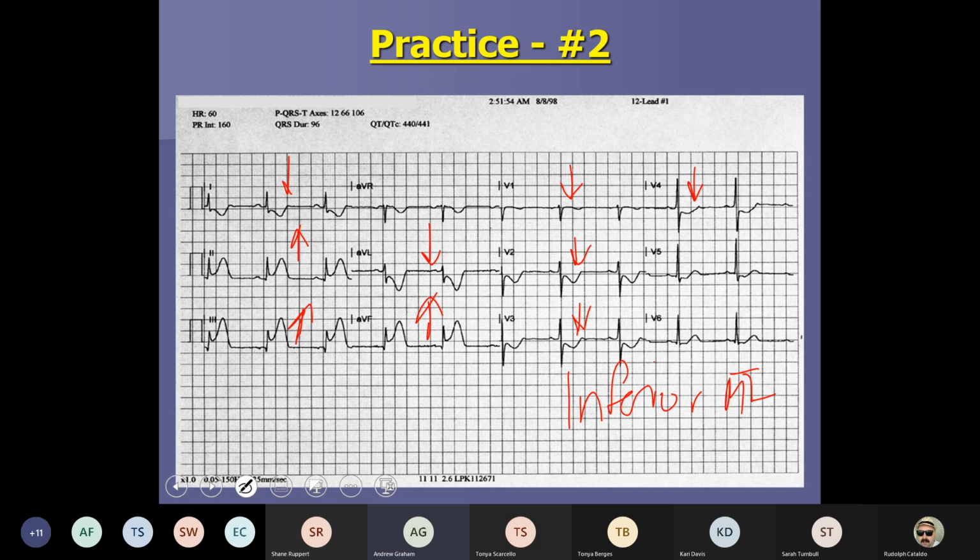If they got chest pain, you could give nitro, depending on what their blood pressure is. But I would get a line started, probably give them a little bit of fluid. So if their blood pressure is okay, I'd give them nitro.